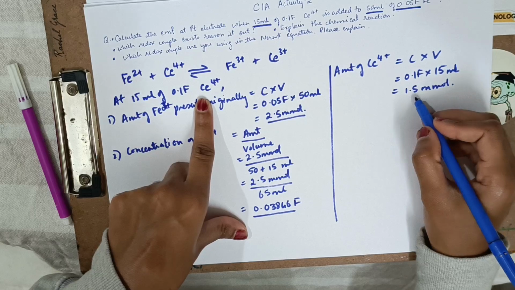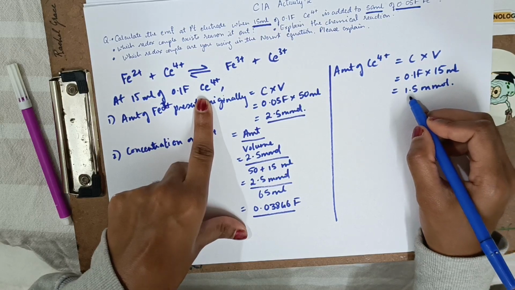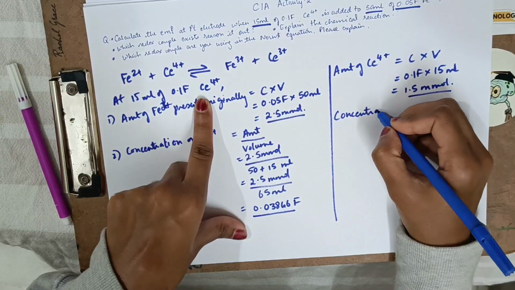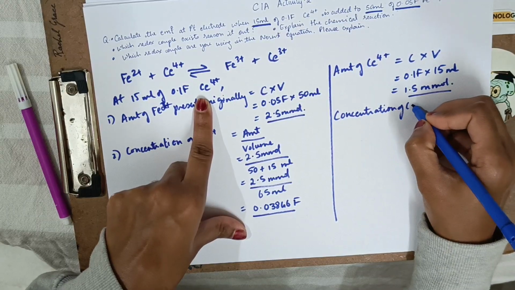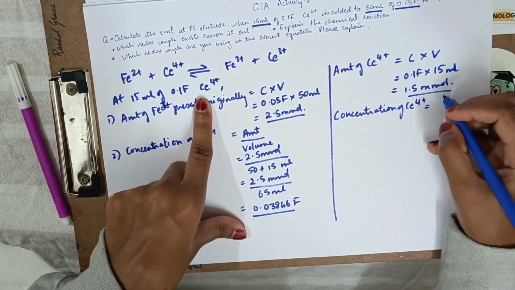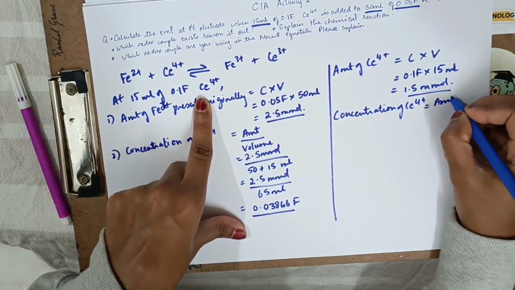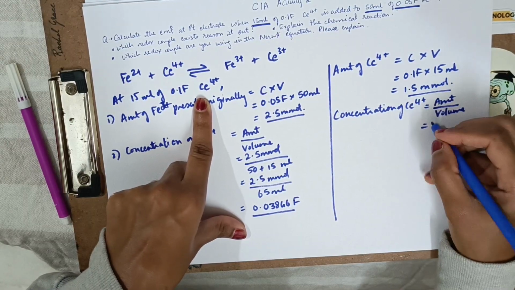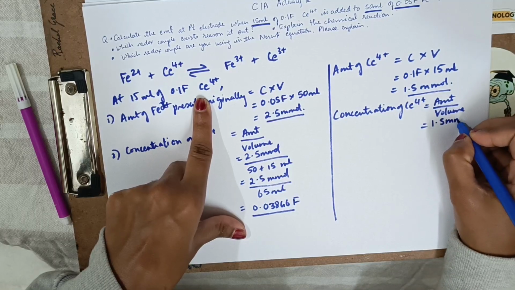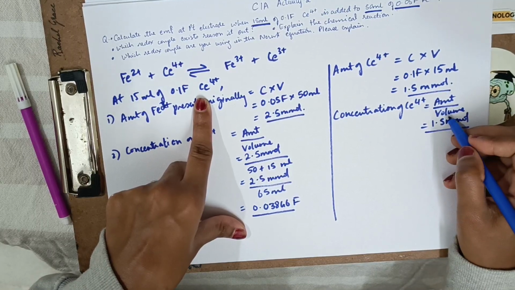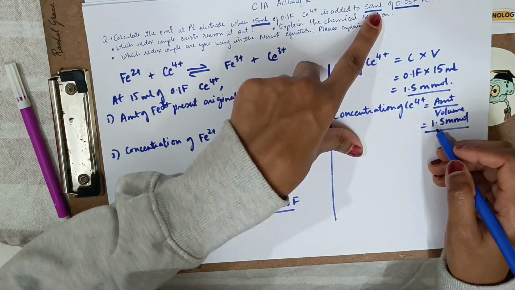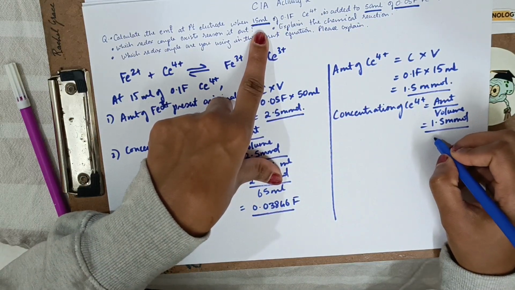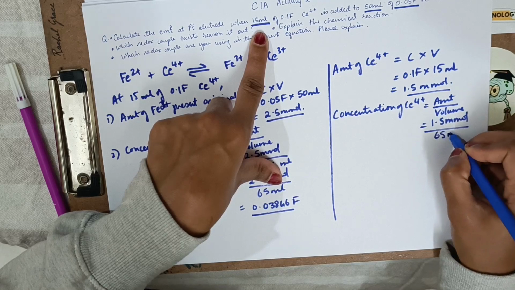Now from the volume and the amount we can calculate the concentration. So the concentration of cerium4+ is equal to the amount of cerium4+ divided by volume. The amount of cerium4+ is 1.5 millimole divided by the volume, which is the 50 ml of Fe2+ and the 15 ml of cerium4+, equal to 65 ml.